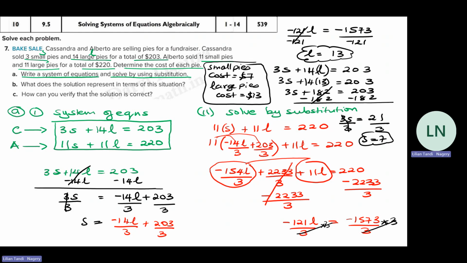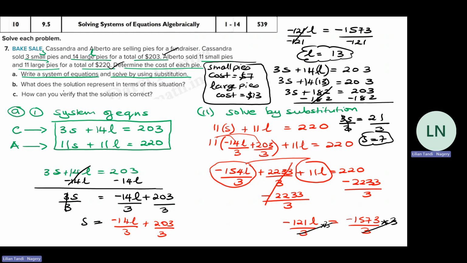What does the solution represent in terms of this situation? So you're going to say if both Cassandra and Alberto sold small pies at $7 and large pies at $13, Cassandra made 203 and Alberto made 220.